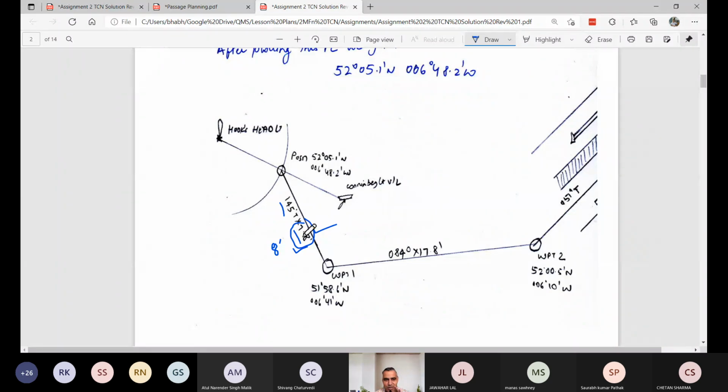So a little bit of difference in the actual and a rounded off distance will also do. But by that, I don't mean that the distance is 8 and you write 80. That won't do. So just take care of that. But examiner is more interested in looking at your passage plan plot and the way you have attempted it.